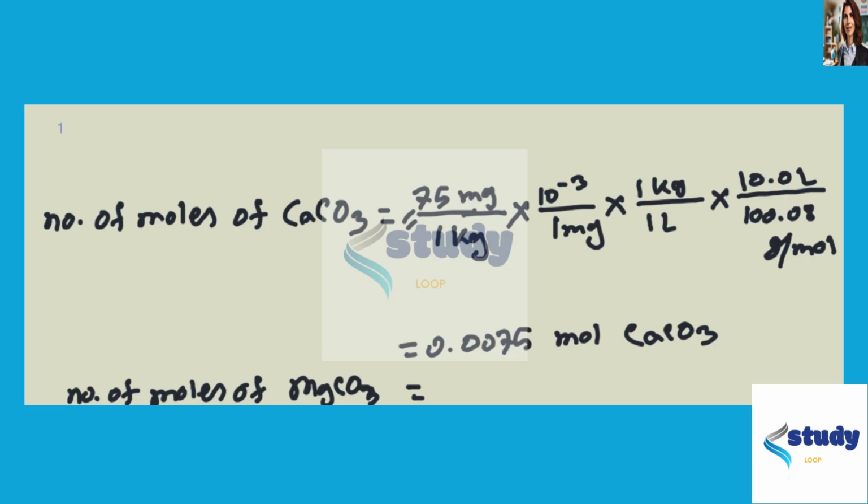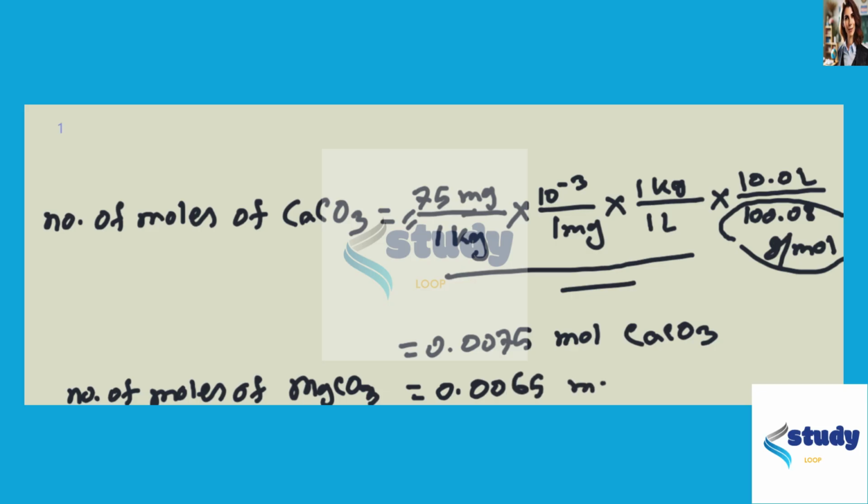The molar mass of magnesium carbonate is 84.31 gram per mole. Applying the same process, you will find the number of moles of magnesium carbonate as 0.0065 mole.